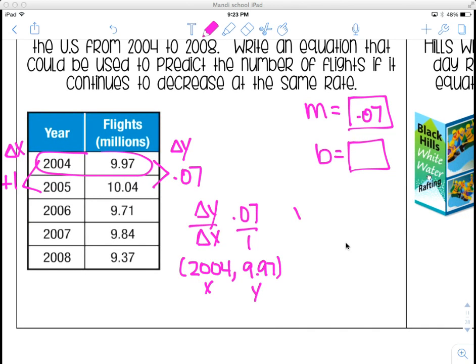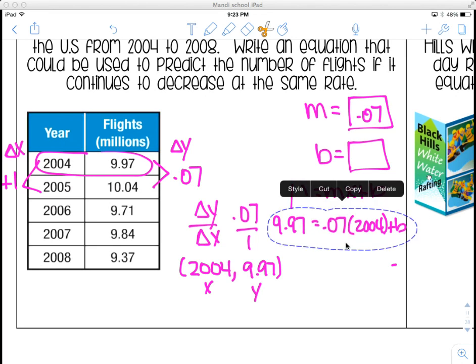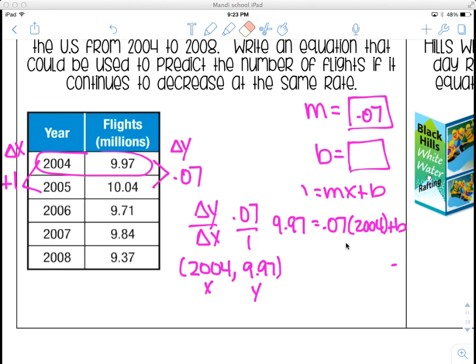So we have y equals mx plus b, where y is 9.97, m is 0.07, x is 2004 plus b. Let's scoot that over so we're not on the other problem.